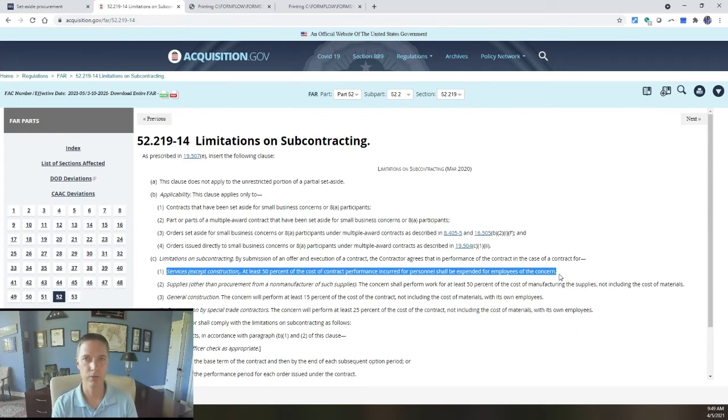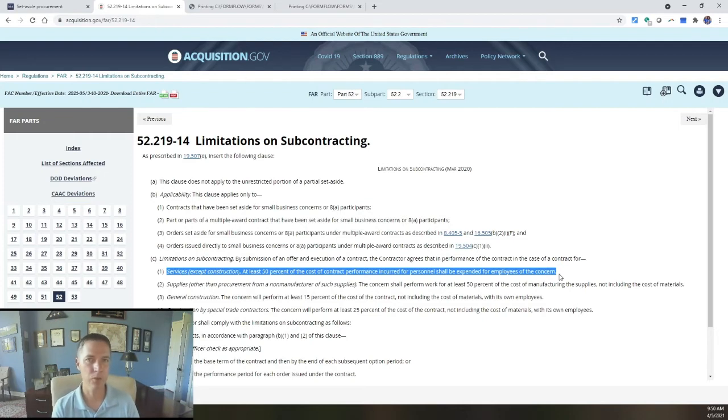So you need to do with your W-2 employees at least 50% of the work, and that's in services: contract professional services, janitorial services, IT services, anything in that category has to be done by your company, your employees. There is a caveat to this that just recently was applied, and it's similarly situated companies.